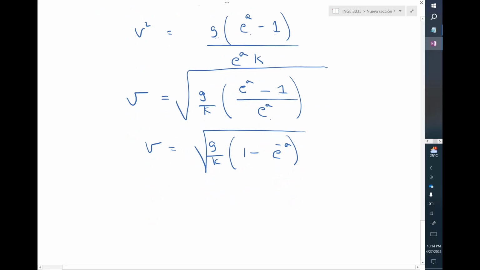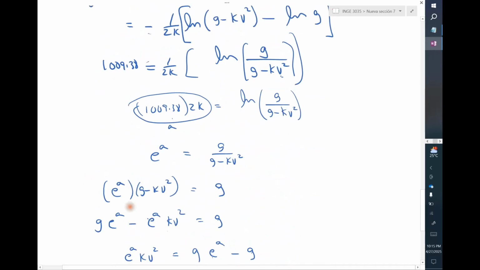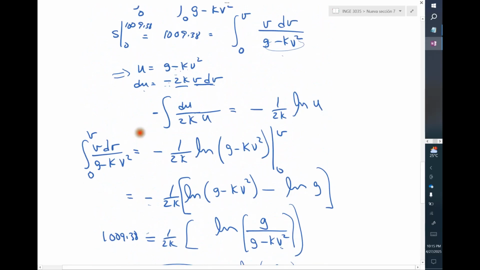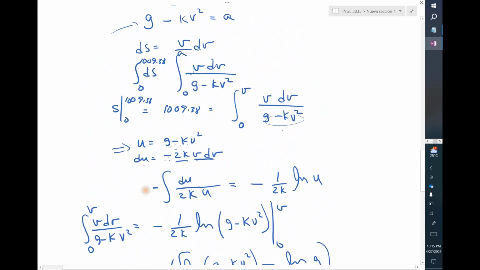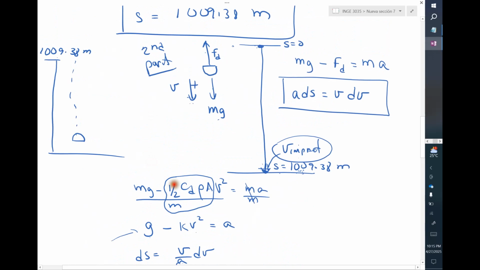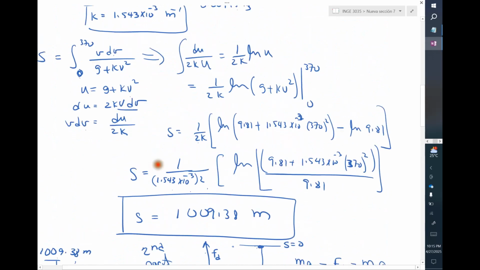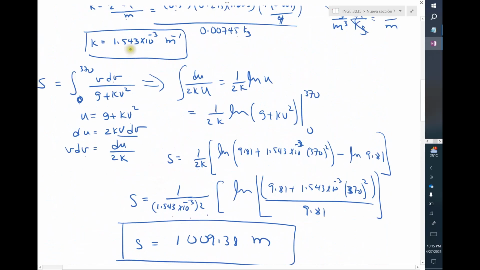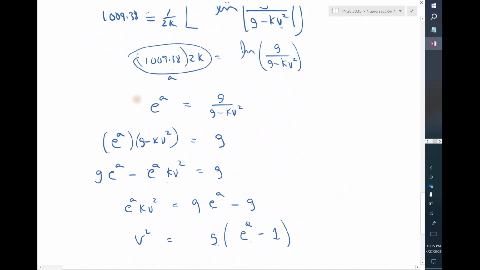Now let's put some numbers in and see how this works out. k is equal, again, what is k? It was evaluated before. k, same as last time. Wow, where is that k? Oh, 1.543 times 10 to the minus 3.